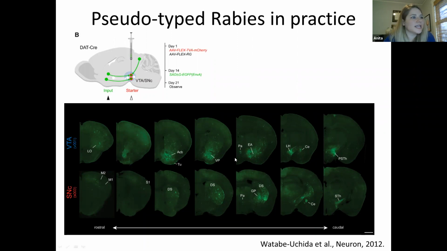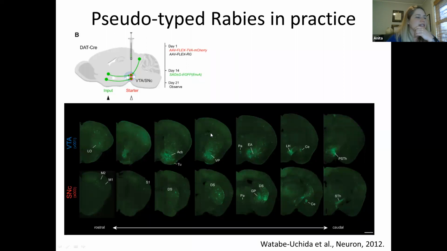So this is handy because it's monosynaptic. It tells you the first order connectivity in a retrograde manner. So the inputs to your neurons of interest. And these were originally developed, this system, again, by Ed Callaway, and a lot of these viruses are available at the Salk vector core.